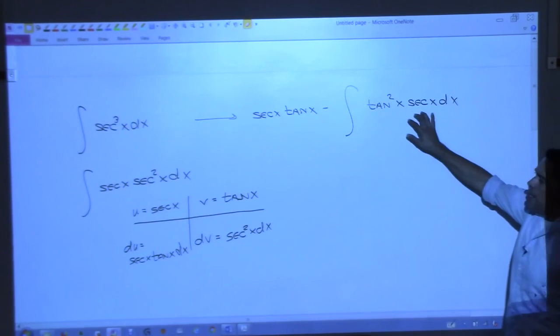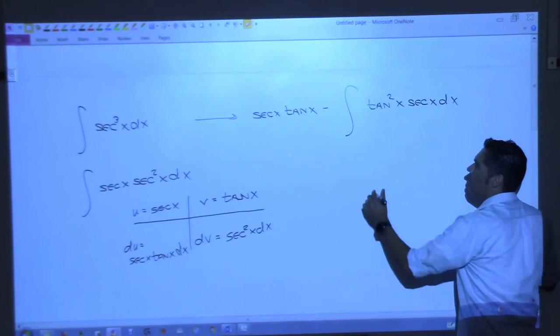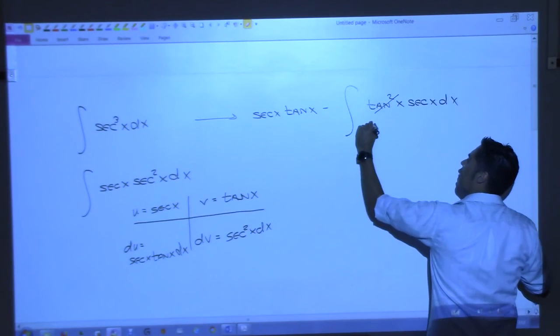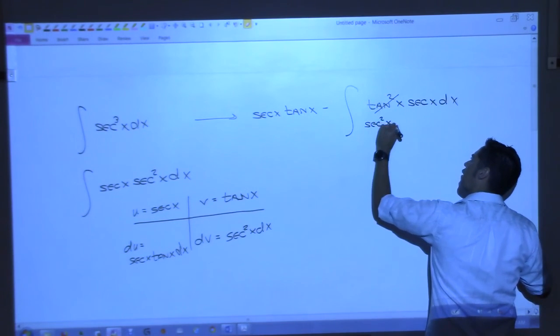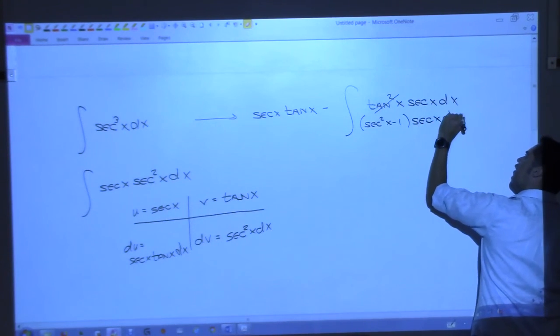Unfortunately, this can't go with anything we have. So what you have to do now is rewrite tangent squared x as secant squared x minus 1, times secant x dx. Are y'all following me?